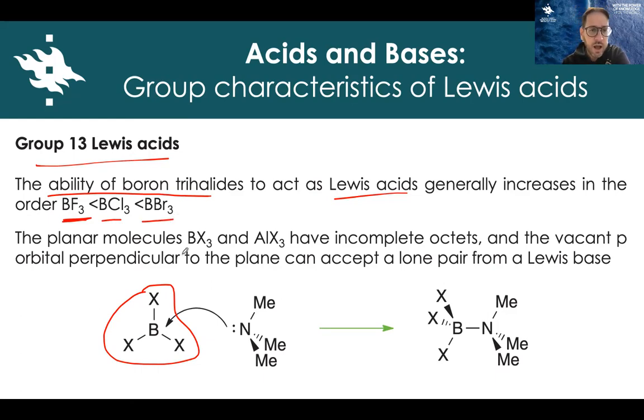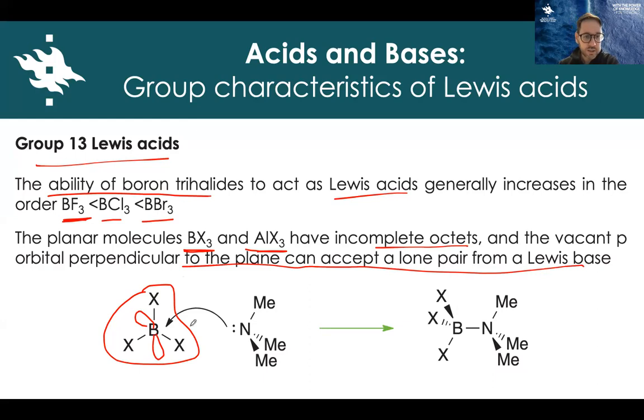So these planar molecules, the 3 halides of boron and also the 3 halides of aluminum, have incomplete octets, which means that they have vacant p orbitals perpendicular to the plane of the molecule, which therefore, in principle, can act to accept a lone pair from the Lewis base, right?